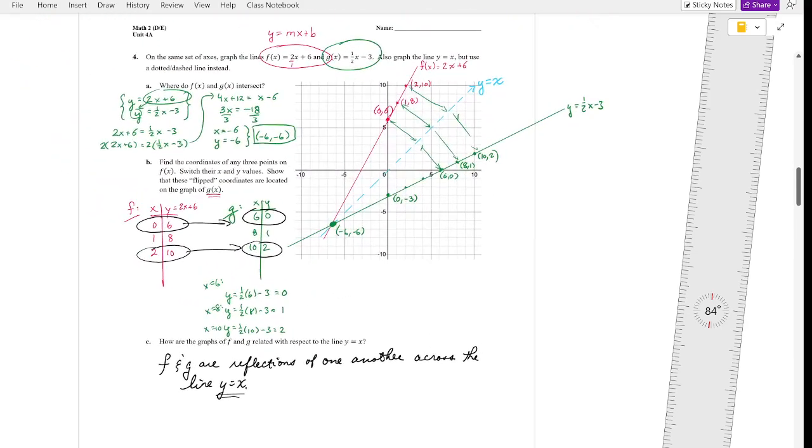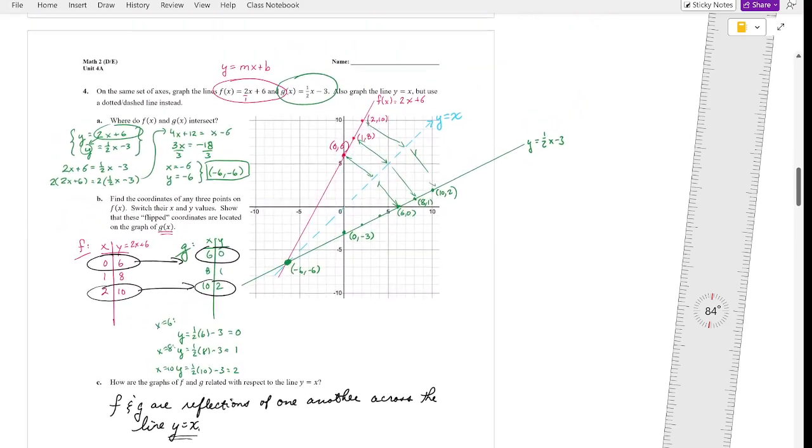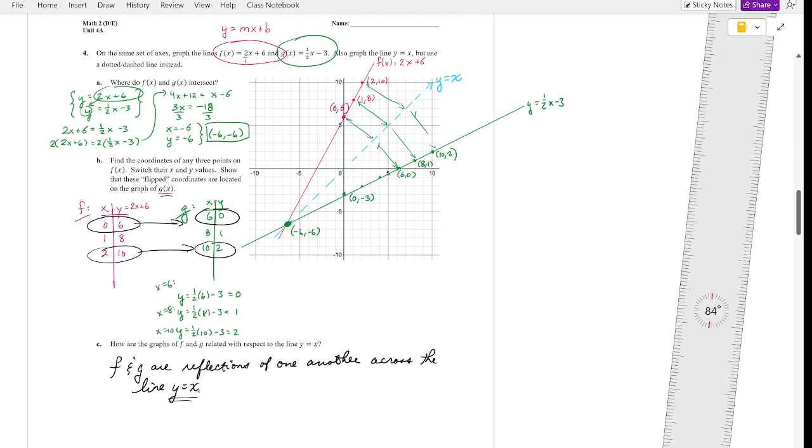And I'll tell you one other thing about these right now. These two functions, when they're reflections of each other across that line, they're called inverses.